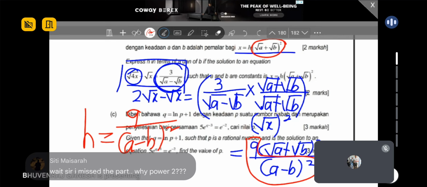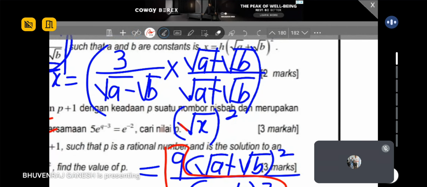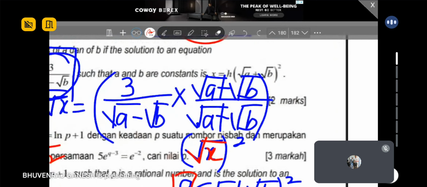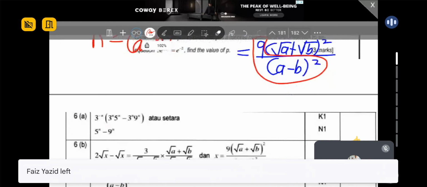Why power 2? Because my answer on the left hand side is originally surd x. So how to get rid of the surd? I must square both sides of the equation. That's why there is a power 2 here. I'll show over here.